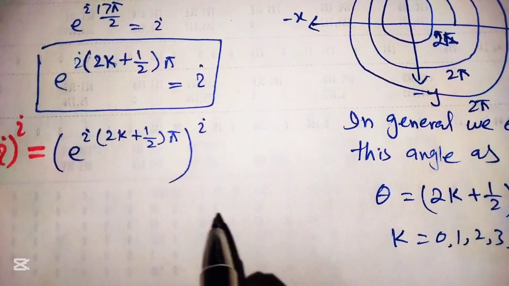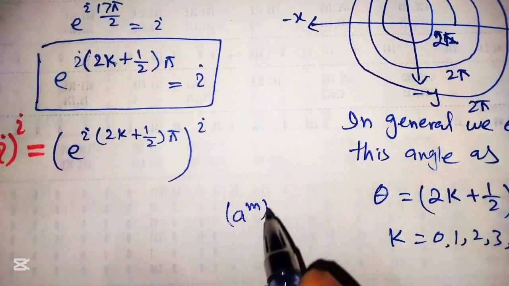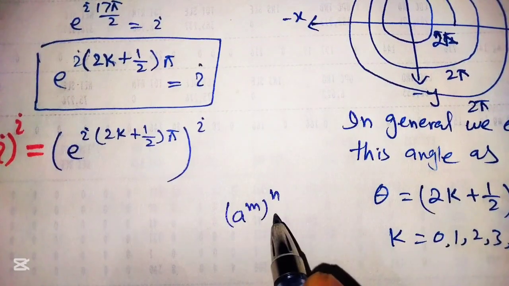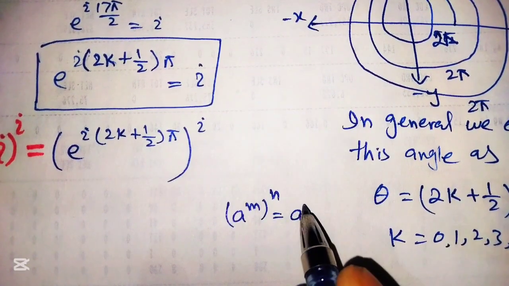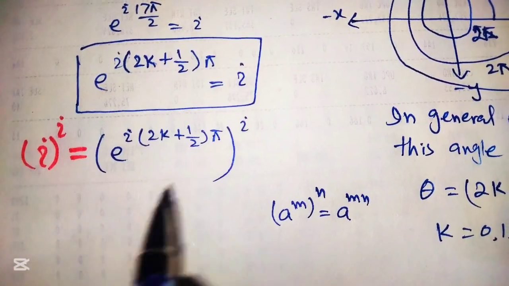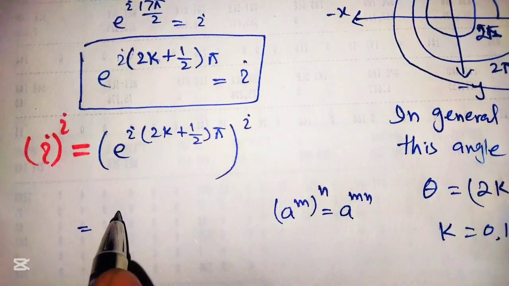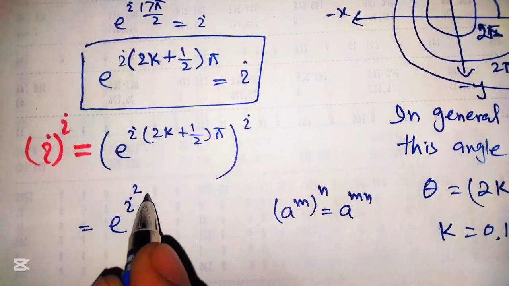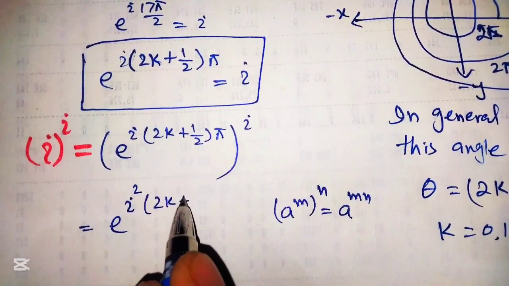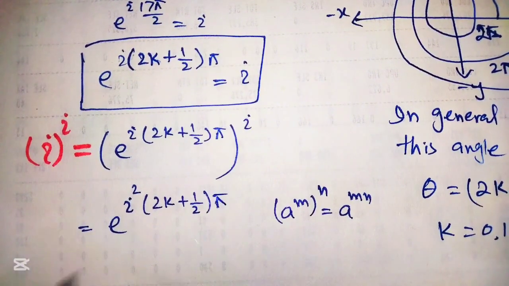Now according to the formula, a raised to power m, whole raised to power n, the powers will be multiplied and we will get a raised to power m into n. So these two powers will be multiplied, and we will get e raised to power iota into iota, which is iota square, into (2k plus 1) over 2 into pi.